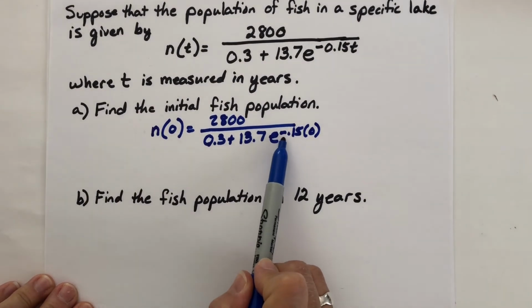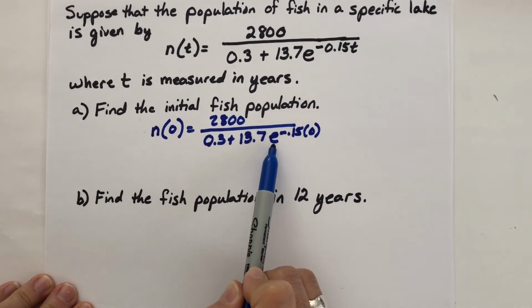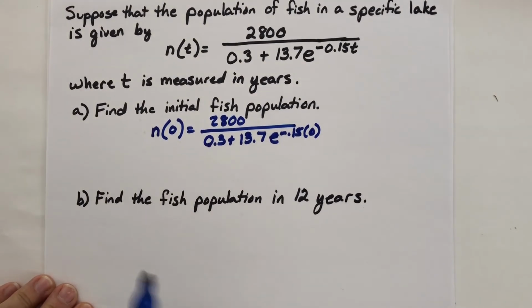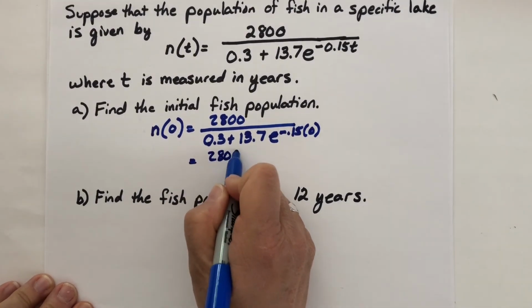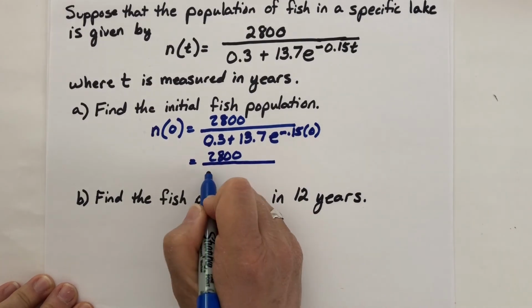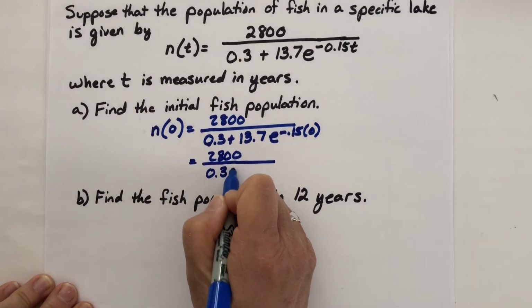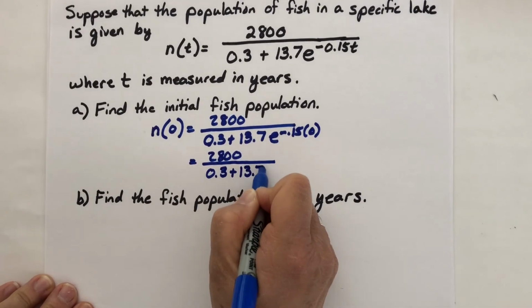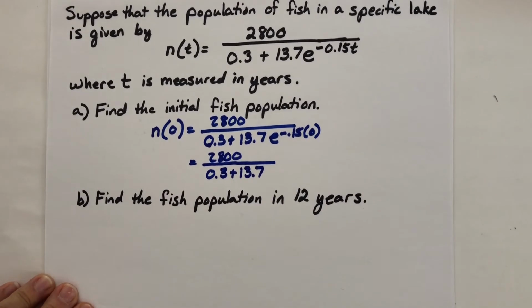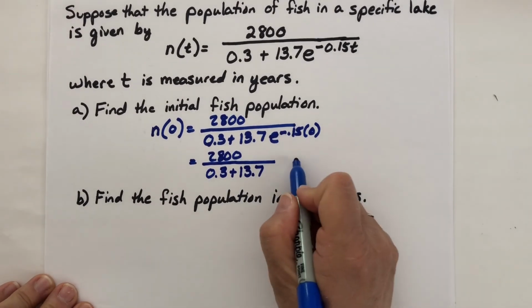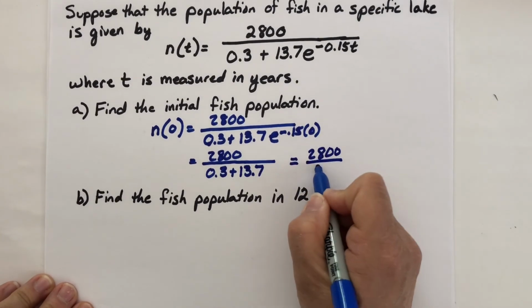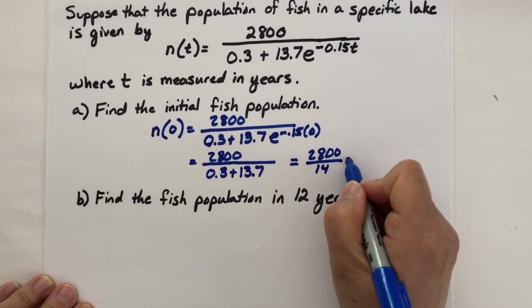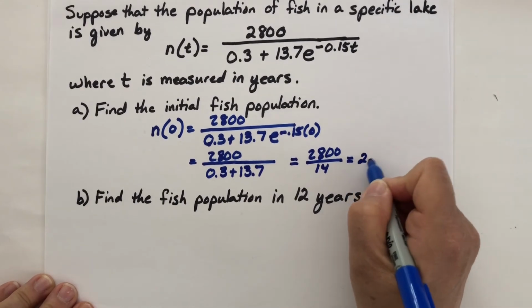This again will be e to the 0 power, and we know e to the 0 power is just 1. So we would have 2800 divided by 0.3 plus 13.7 times 1. I ran out of space, so I'm going to have to move here to the right, but that's 2800 divided by 14. And we know that that's equal to 200.